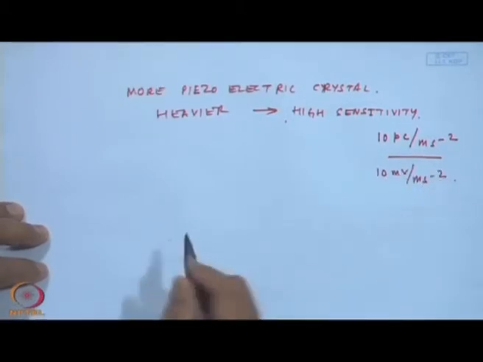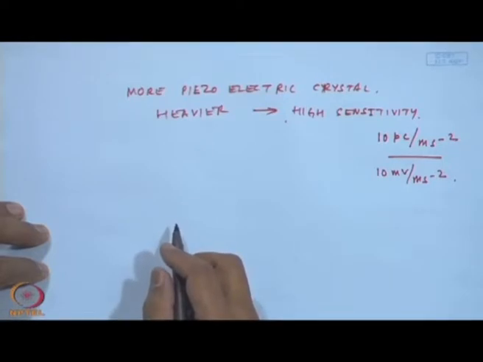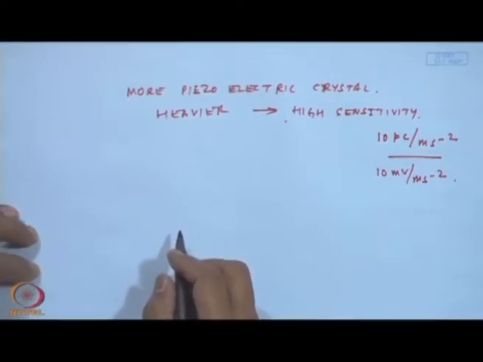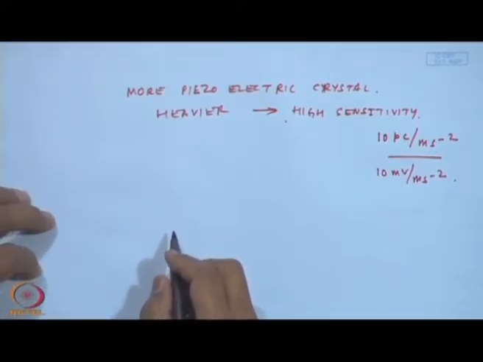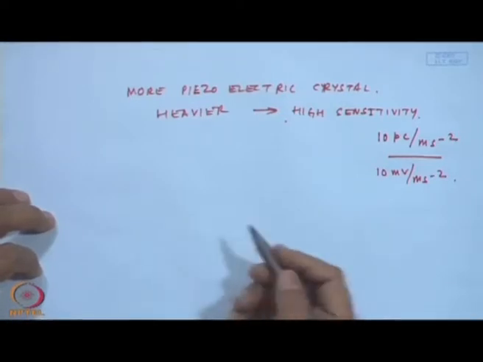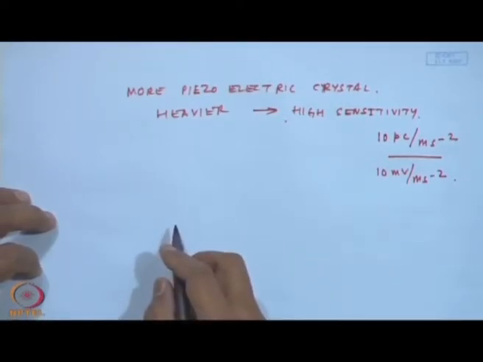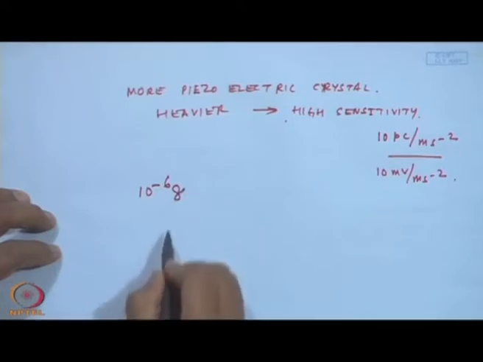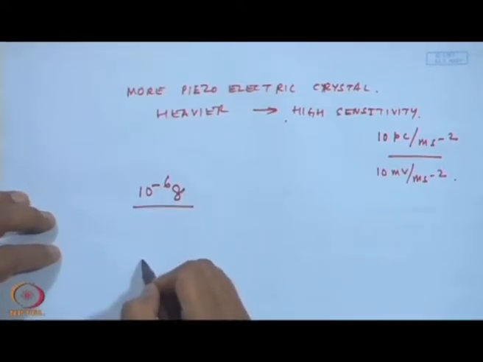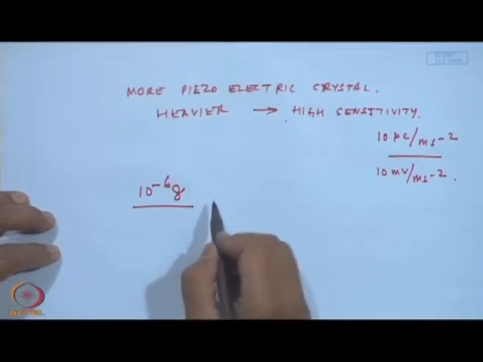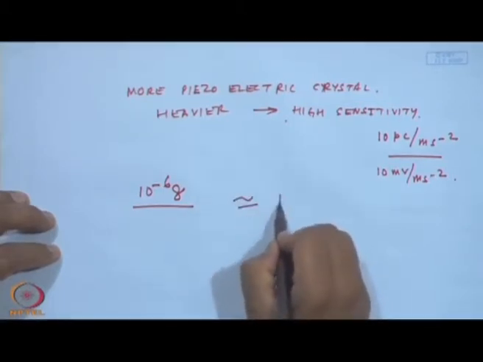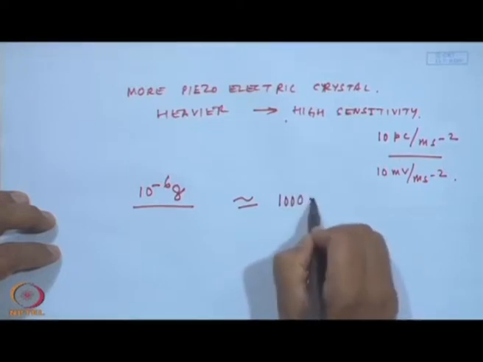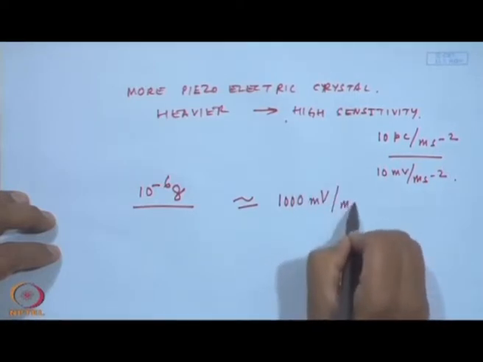Okay. There are accelerometers wherein we have to measure very low levels of acceleration. For example, a floor vibration wherein you have put a tunneling electron microscope or a scanning electron microscope. The vibration level could be about 10 to the power minus 6 g, micro g's, microgravity levels. For such measurements, we have to have maybe transducers having 1000 millivolts or 1 volt per meter per second square.